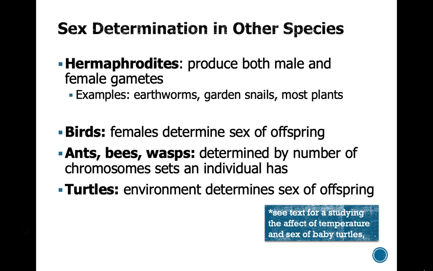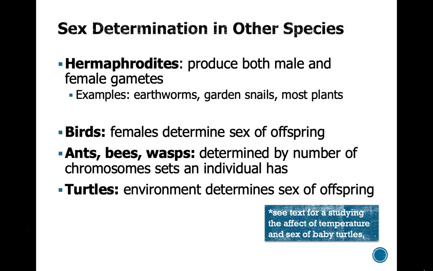So there are a variety of other ways that occur in producing sex in different species. I'm not really going to go over them here. The only thing that I'm going to say is that one question I get quite a bit is what causes someone to be a hermaphrodite? And in humans, there are actually no true hermaphrodites.